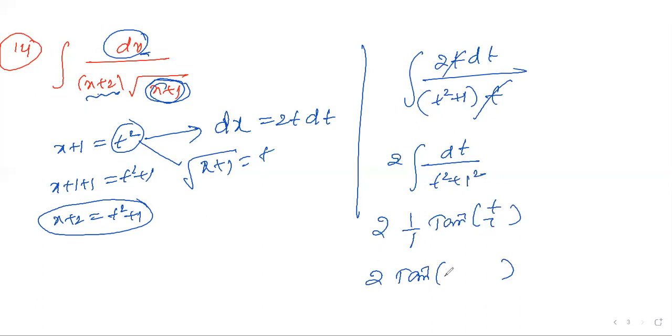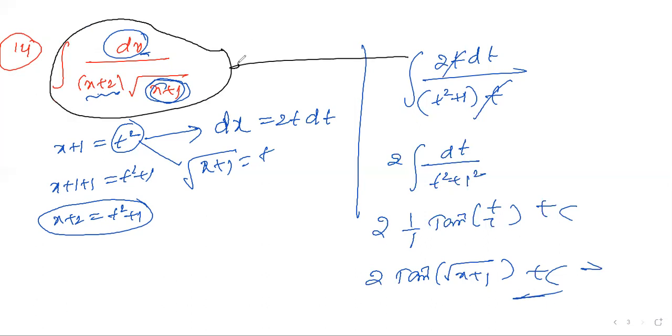So I wrote 2 tan inverse root of x plus 1 plus c. Your answer is going to finish now. Clear? The question is a little typical, so I converted the entire question in terms of t. Whatever the value of x is, you can substitute and do it. Clear? Yes sir. Good.